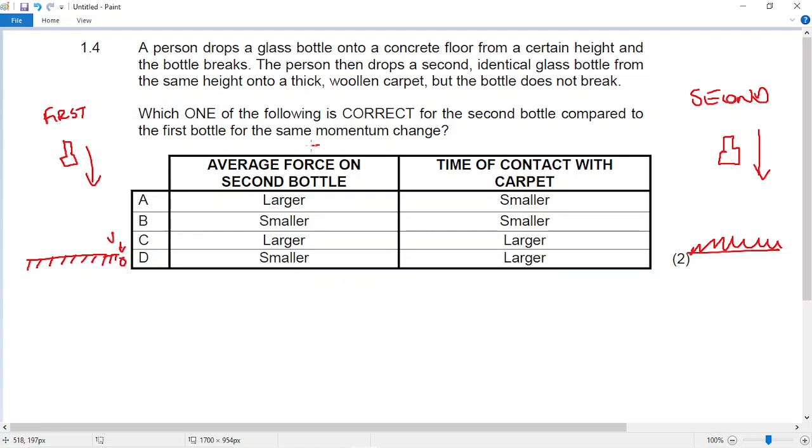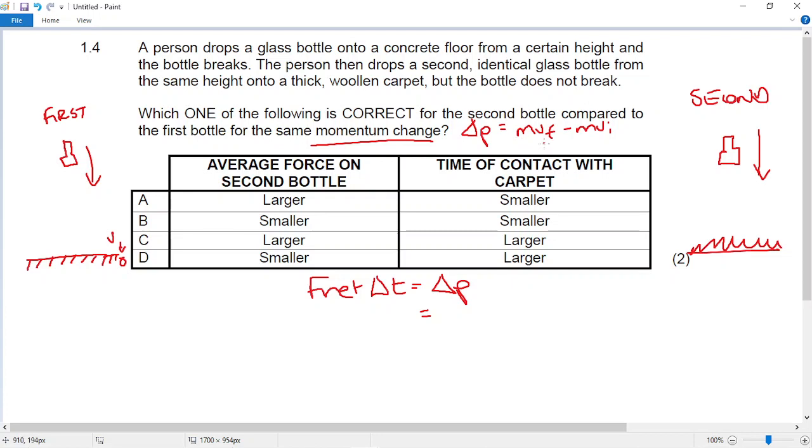Okay, so momentum change, this is delta p, which is mvf minus mvi. But we have this formula that says F net delta t equals delta p.